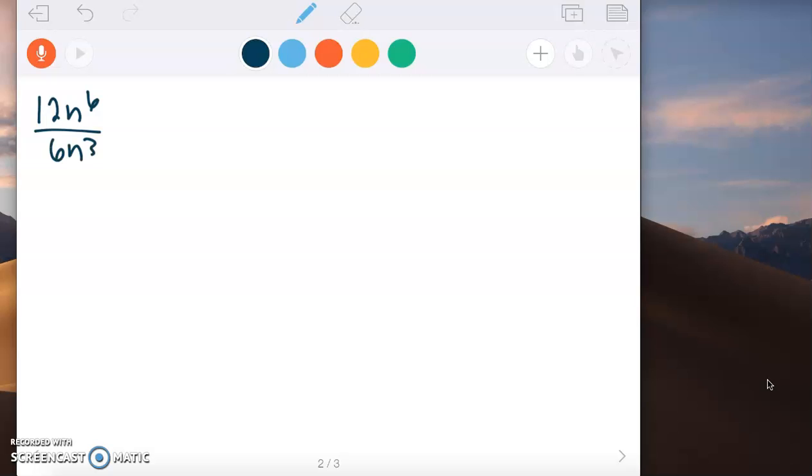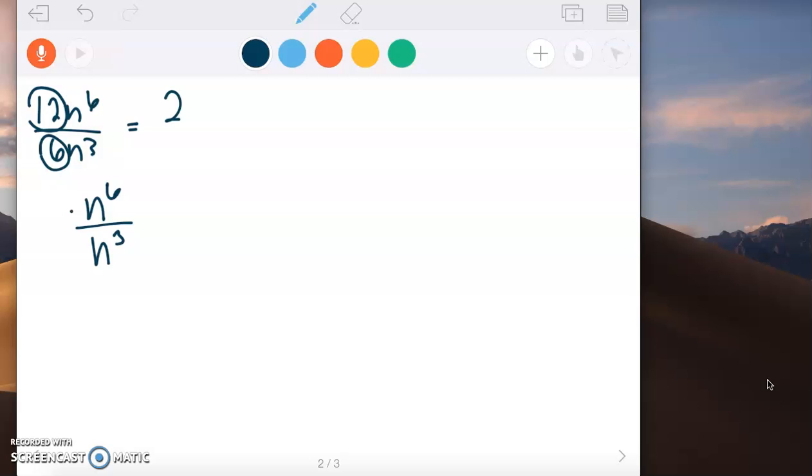What we're going to do is take the number part, 12 divided by 6, and that gives us 2 on the top, right? So that's the same as 2 over 1, or just 2. Then we look at the n part. If we have just n to the 6th over n to the 3rd, when you have the same variable, like if we had an x and an n here, we could not do this.